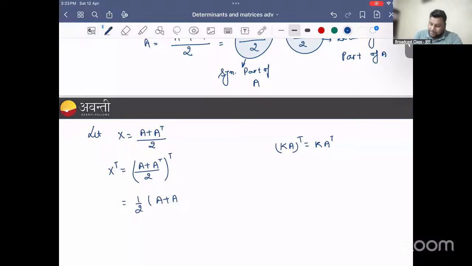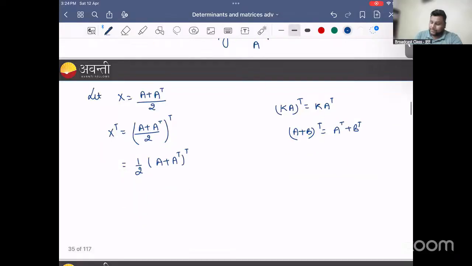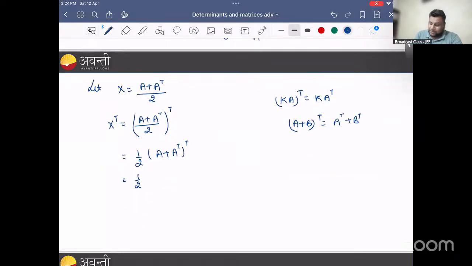It is (A plus A transpose) transpose. Then I taught you that (A plus B) transpose is A transpose plus B transpose. That means this is half of A transpose plus (A transpose) transpose. Then there was a property that (A transpose) transpose is A only. That is half of A transpose plus A.